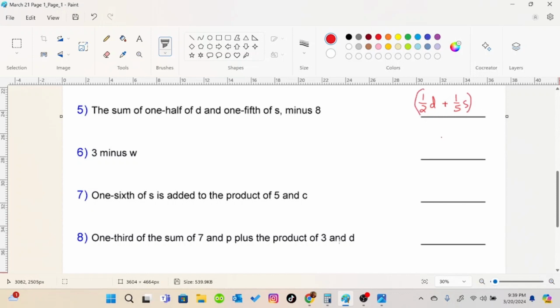And we're going to put that in parentheses so that we can subtract 8. Number 6, we have 3 minus w.